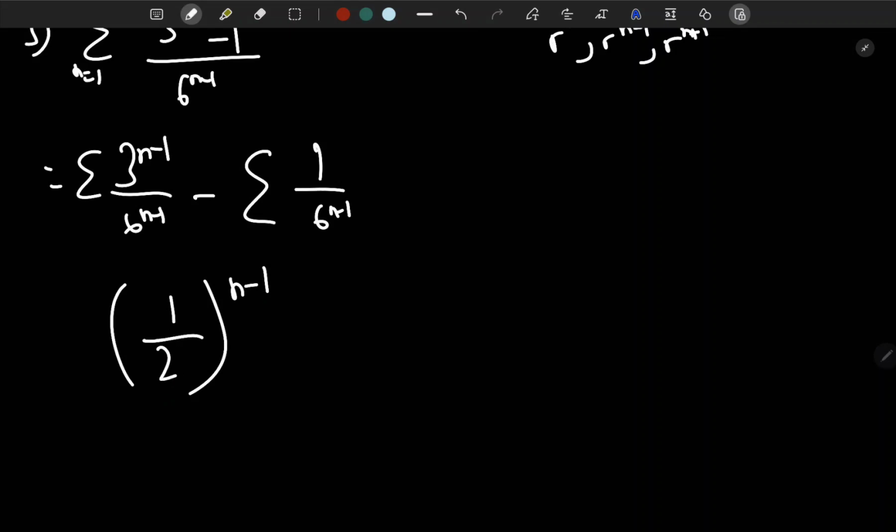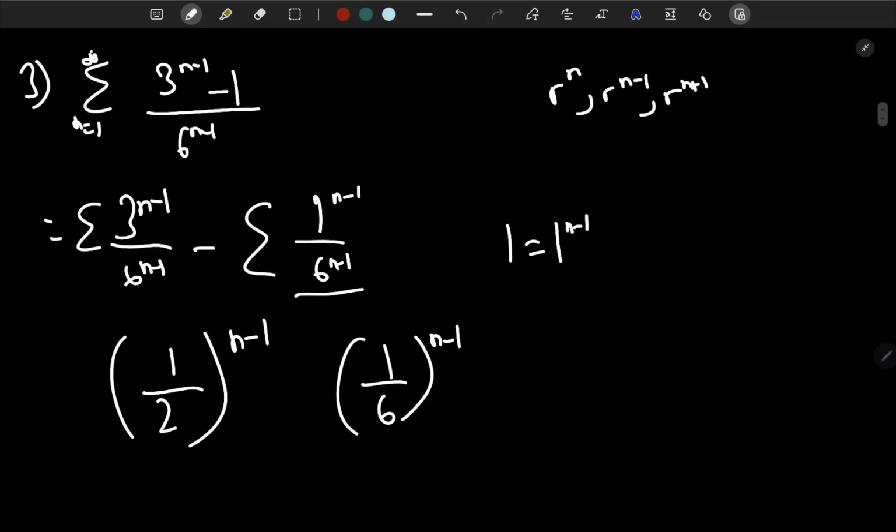It's the same thing. And over here we can factor n minus 1 again, since 1 to the power of anything is equal to 1, so we can write n minus 1 temporarily here, since it's the same thing. So here again I'm going to factor n minus 1 outside as the power, so 1 over 6 to the power of n minus 1, and we can see that we have the format of the second case, right?